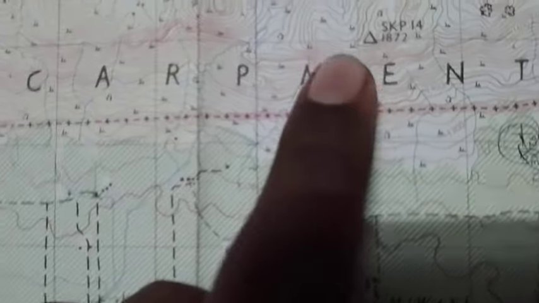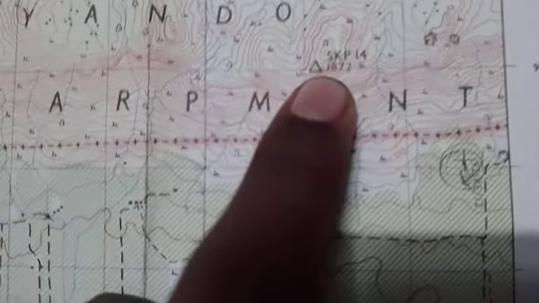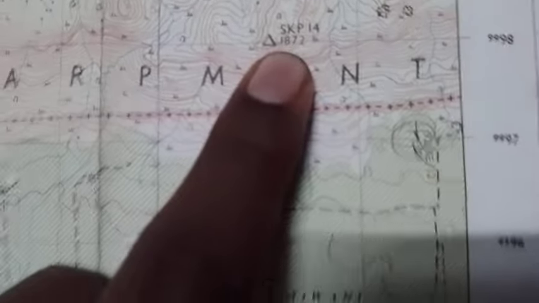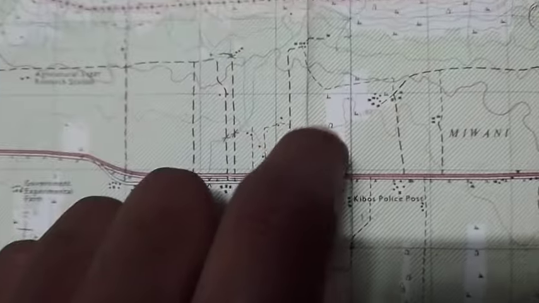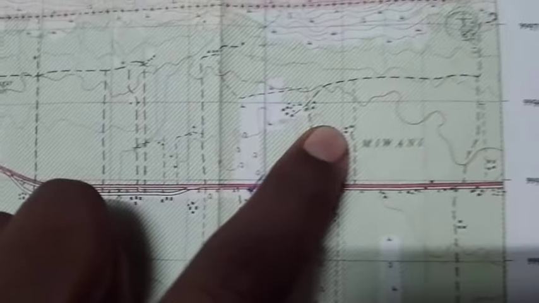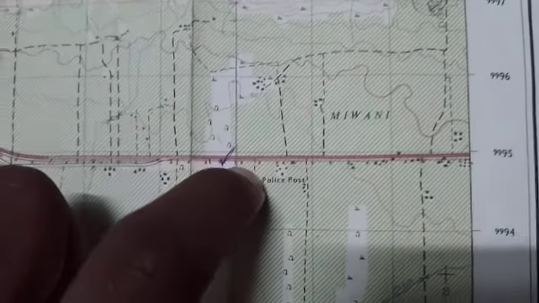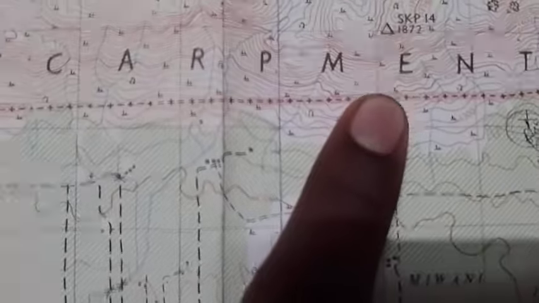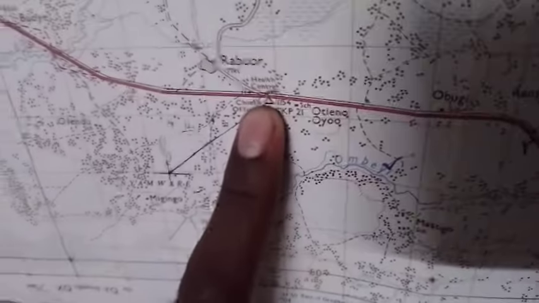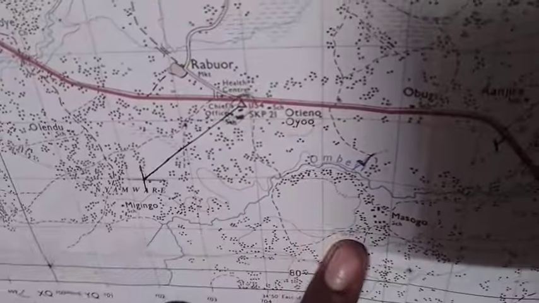We have a trigonometrical station there, the triangular one. Like this one is 1872. We have the contours also. Yeah, the trigonometric station. We also have another one here.